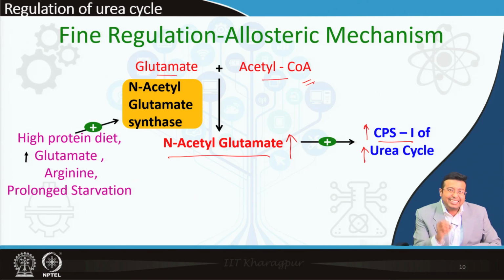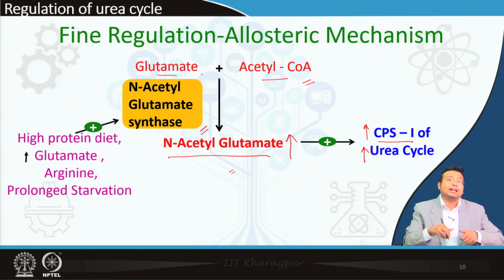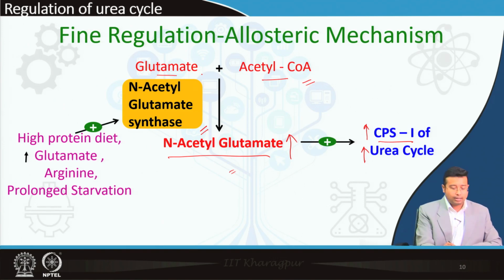Now, this enzyme N-acetyl glutamate synthase synthesizes N-acetyl glutamate from glutamate and acetyl CoA. This enzyme can again be allosterically activated by factors like a high protein diet, more glutamate, arginine, which is a very strong activator of N-acetyl glutamate synthase, as well as prolonged starvation.